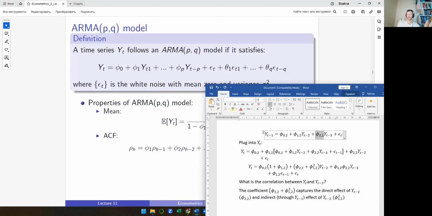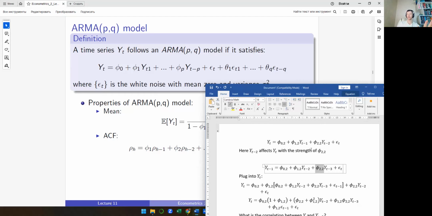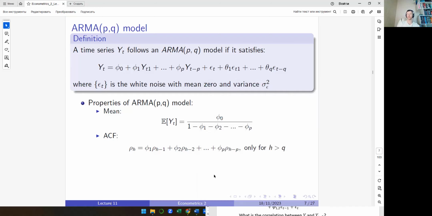But partial autocorrelation is just this part. So how the lag of a variable, for example the second lag, affects the current variable after controlling for the effects of everything in between, after controlling for all these variables between them.